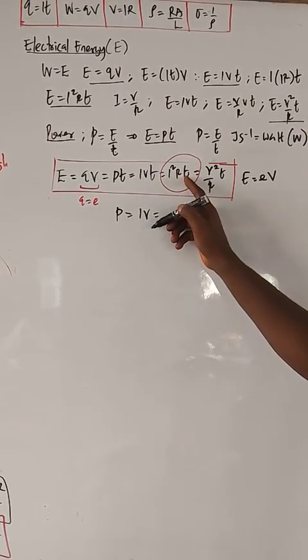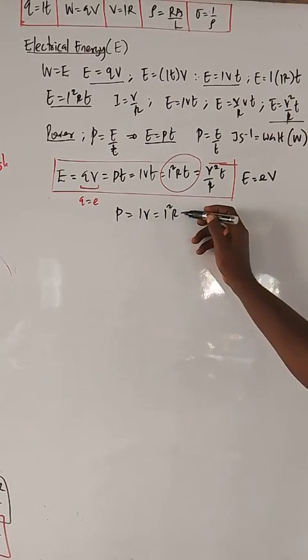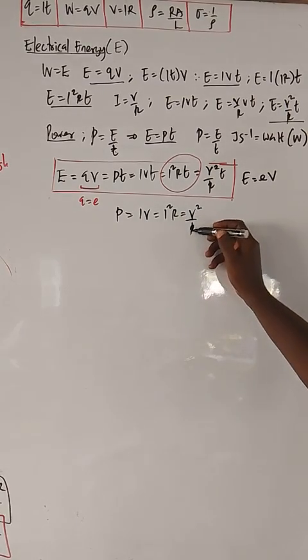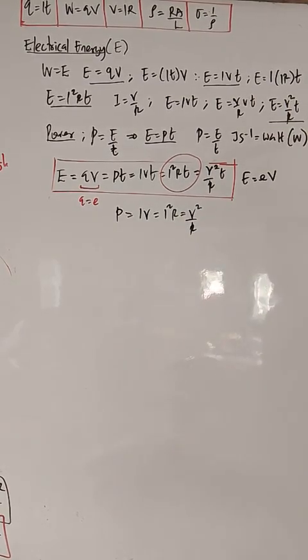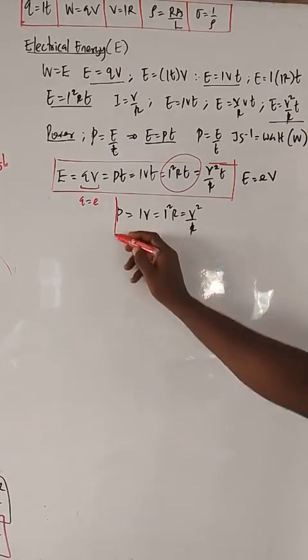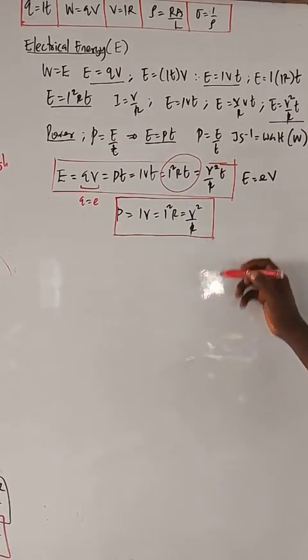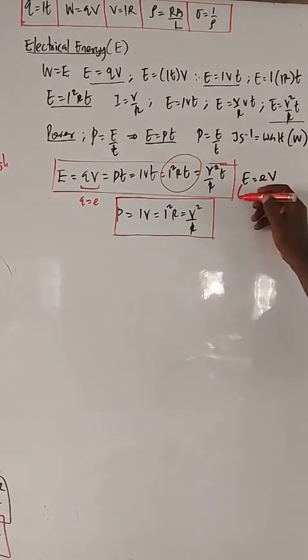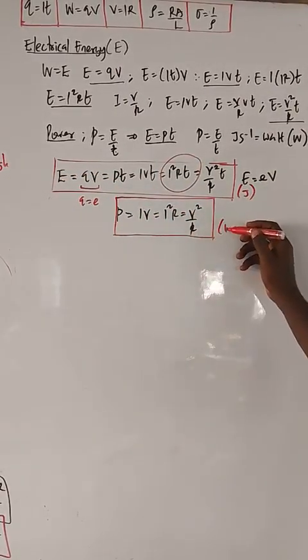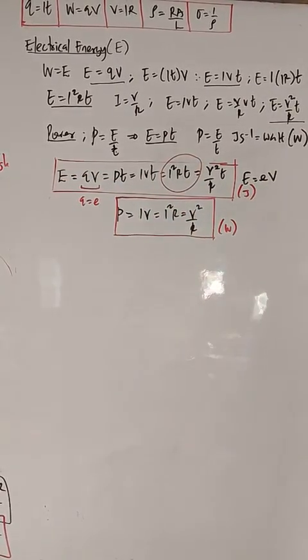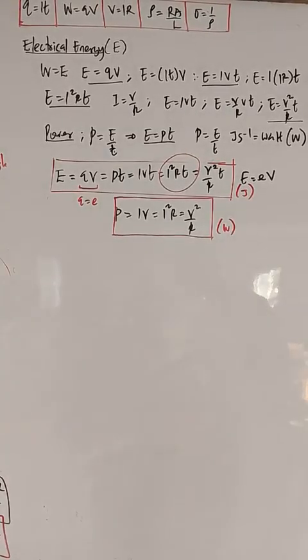I squared RT over T gives us I squared R. Just remove T, you get power. So these are the possible formulas to calculate electrical power. The unit of energy is joules. Unit of power is watt.